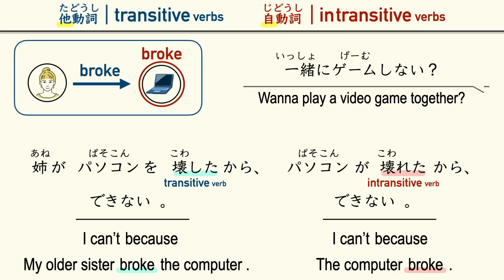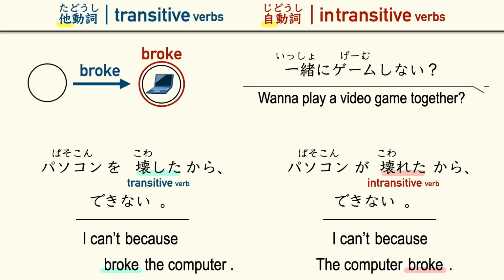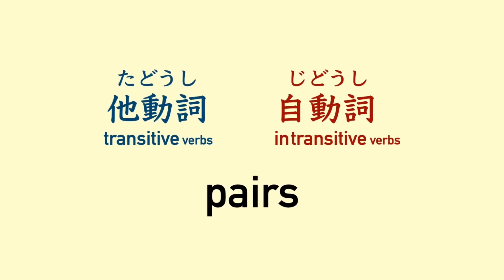Now, what happens if I omit this 姉が? Now, do these two sentences mean the same thing? No. Even when it's omitted, it still means someone broke it. The frame size is different. The focus is different. Let's look at more transitive and intransitive verb pairs.